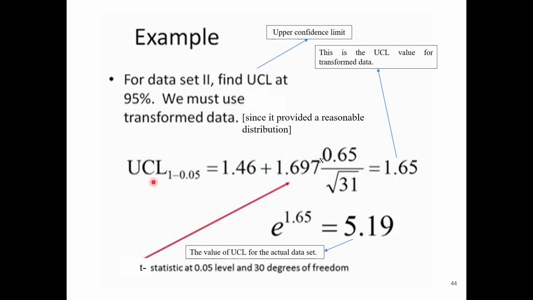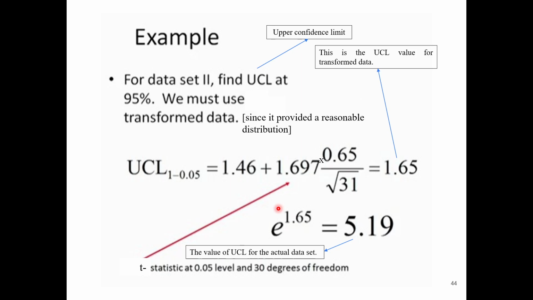By transforming back, if log e UCL 95 was 1.65, then UCL 95 for the actual data set will be e to the power 1.65, which is equal to 5.19. Here we cannot find a geometric mean, because the geometric mean is only related to the arithmetic mean. When transformed back, taking e to the power of the arithmetic mean of the transformed set equals the geometric mean of the actual set.